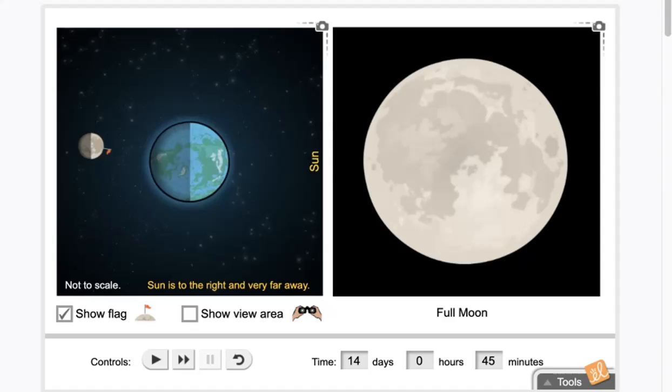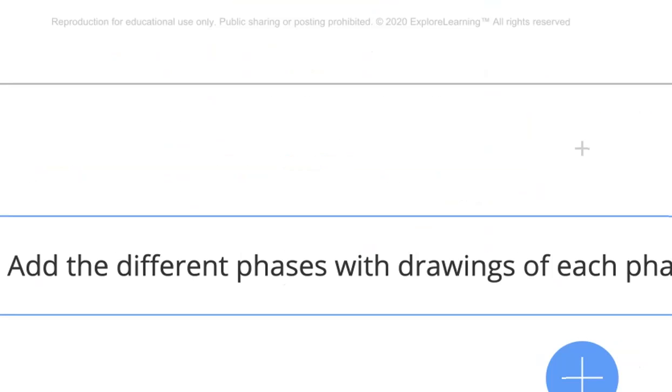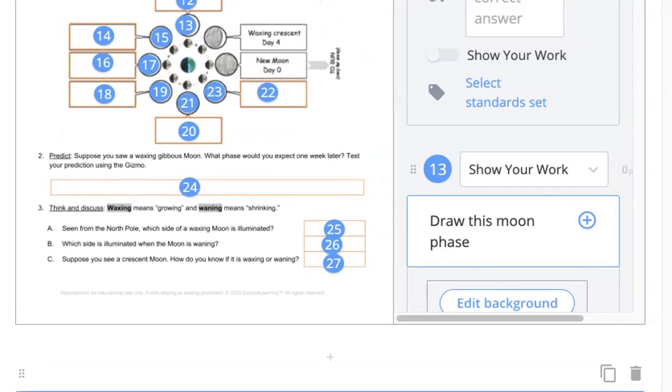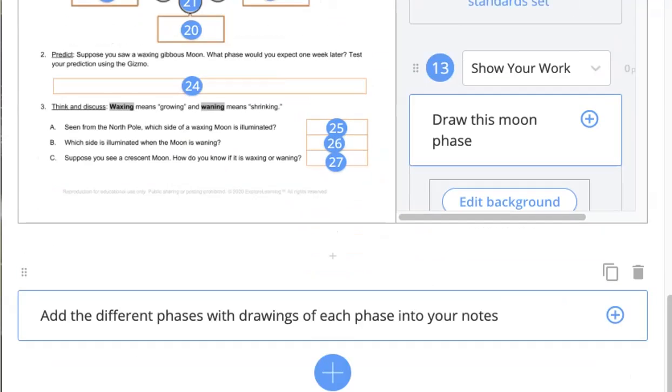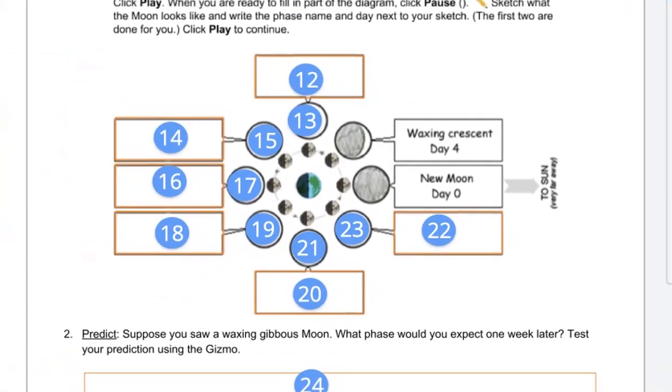Now, notice at the bottom of the formative, I want you to add these different phases into your notes. I also want to point out that as you're doing these activities, some of these have details about stuff.